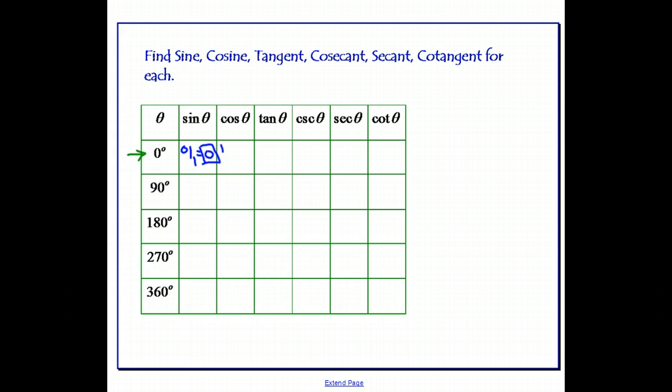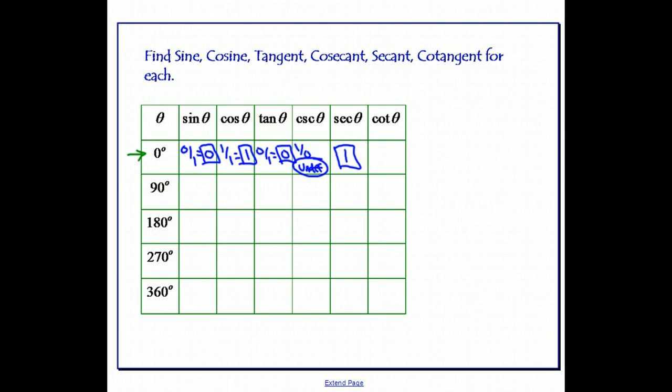X over r, 1 over 1, known as 1. And the tangent was y over x, 0 over 1, otherwise known as 0. All right, let's take the reciprocals. 1 over 0 makes no sense, undefined. Secant, the reciprocal of cosine, 1 over 1 is still 1.